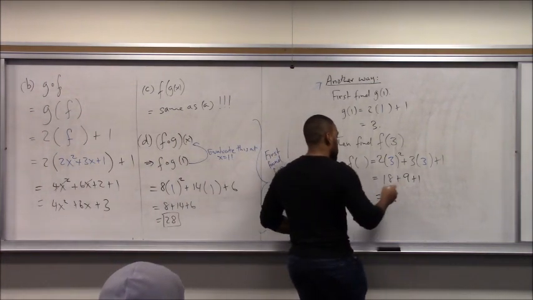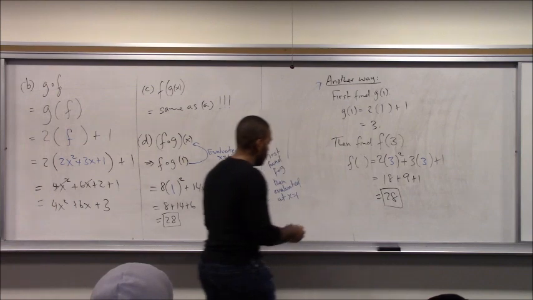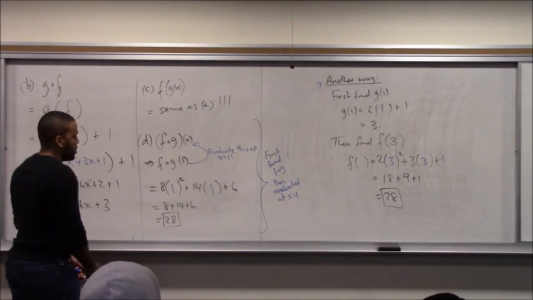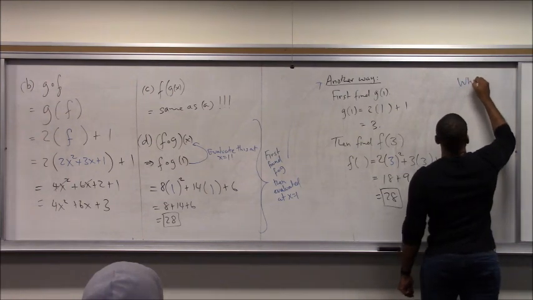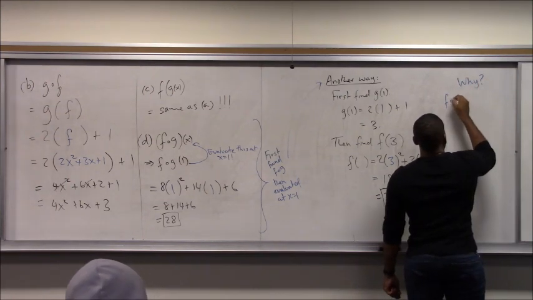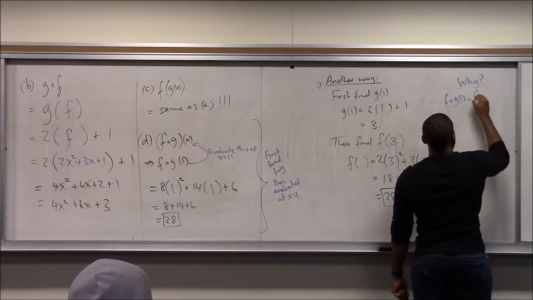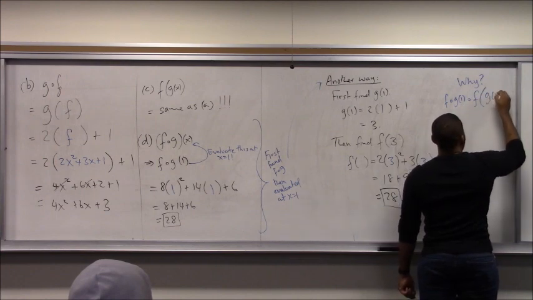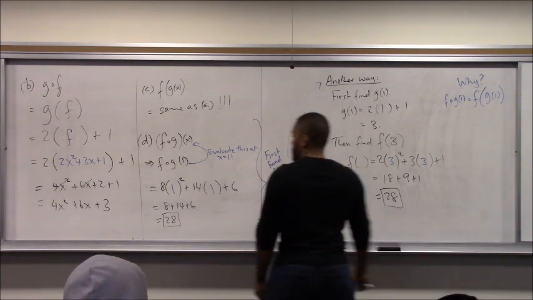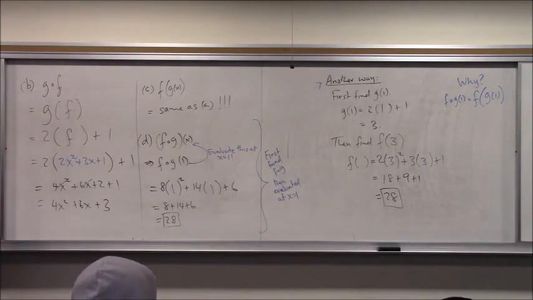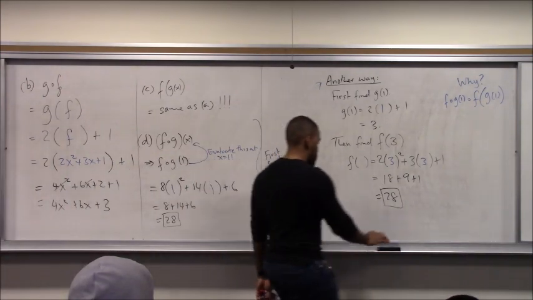They are the same thing in fact. Because when someone writes f of g of 1, they're still saying f of g of 1. So you could actually just find g of 1 and plug inside. It's the same notation. Which means there are a couple ways you can do it. Do whichever way you prefer.